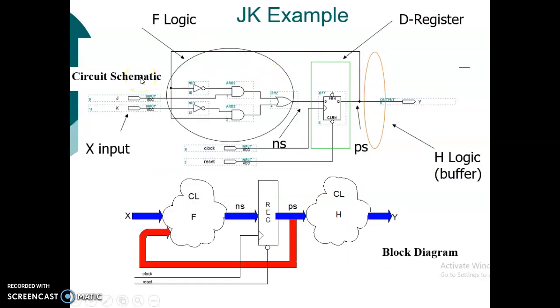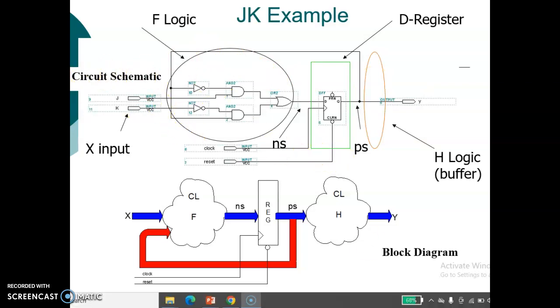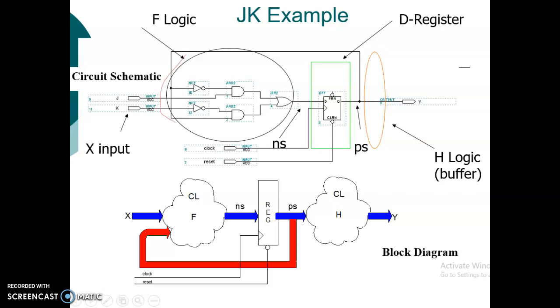And in the JK example, this is the F logic, this route, this route, this route. Then the D register, this one.